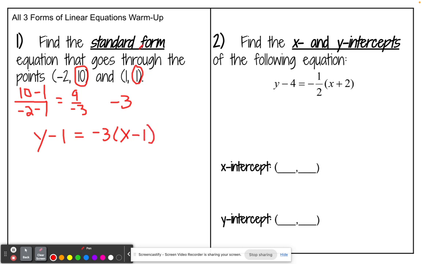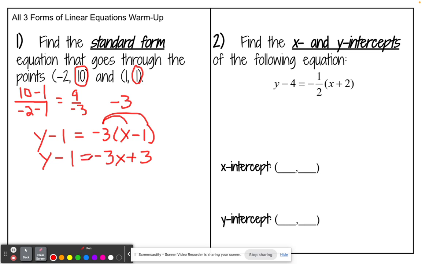Remember, we're shooting for standard form. I have point-slope form now, so I'm not anywhere near done yet. Let's feed the birds. I have -3x, and -3 times -1 will be +3. And I still have y minus 1 on this side. But for standard form, I want to have my x's and y's on one side and my constants on the other.